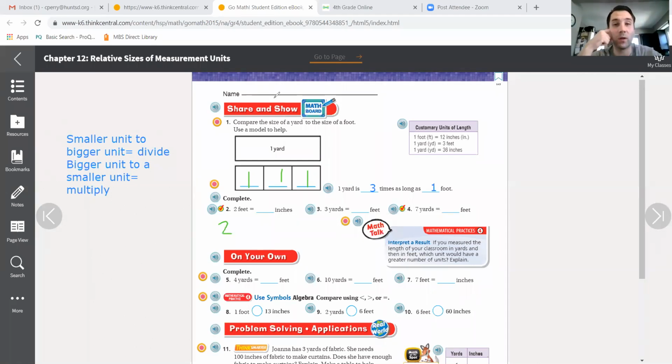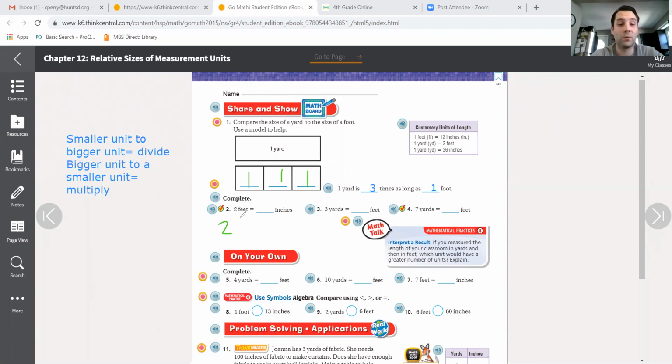I need to decide whether I'm going to multiply or divide. I'm going from feet to inches. Is a foot a bigger unit or a smaller unit than an inch? Yes, it is a bigger unit. Okay, so I'm going to go over here to my little cheat sheet. Bigger unit to a smaller unit, I'm going to multiply.